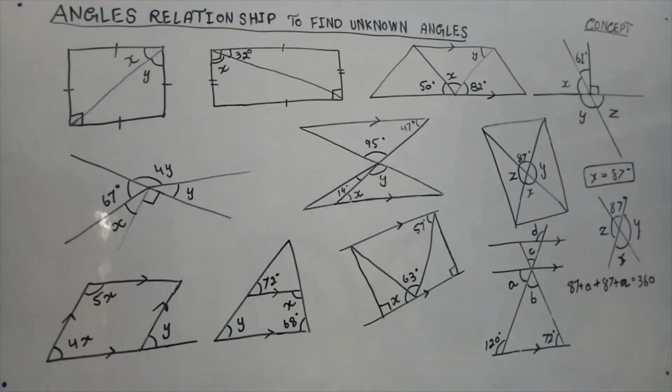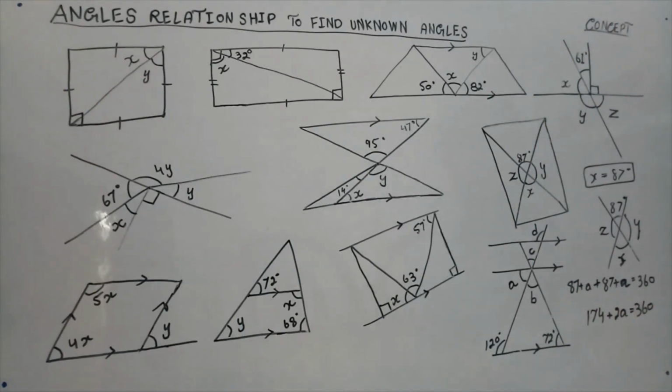Now if I take the sum of these two, 87 plus 87 will give me 174. And here we have an a, here we also have an a, so if I add a and a, it will be equal to 2a, and here we have 360 on the right hand side.